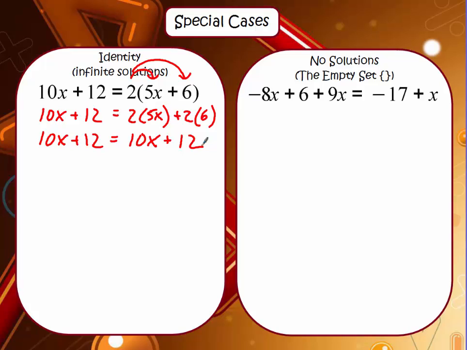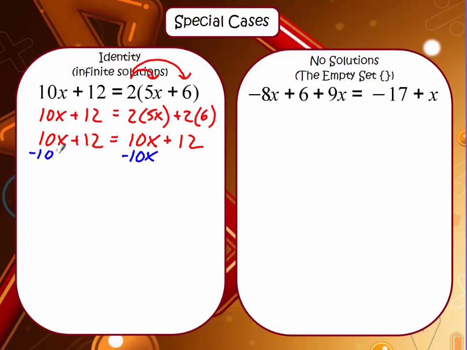But let's see what happens when we start to solve for this. I want to try to move my variables to one side. It doesn't matter. I'm going to bring my x's to the left side, and I'll bring my constants to the right side. So the first thing I'm going to do is move this 10x that's on the right. It is a positive 10x, so I need to subtract 10x because those are additive inverses.